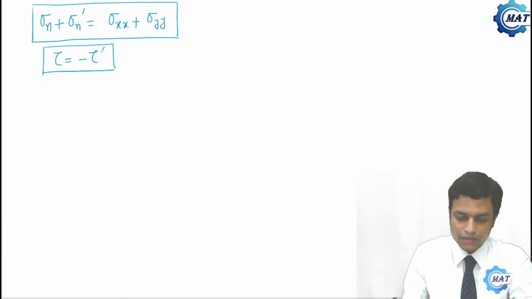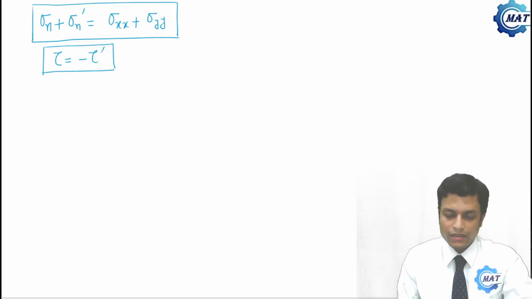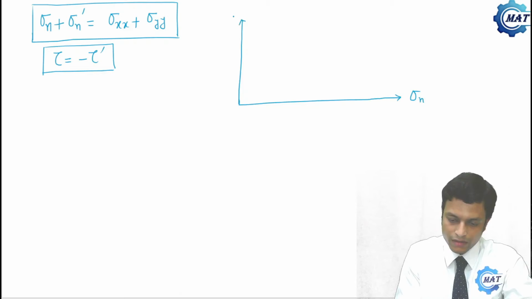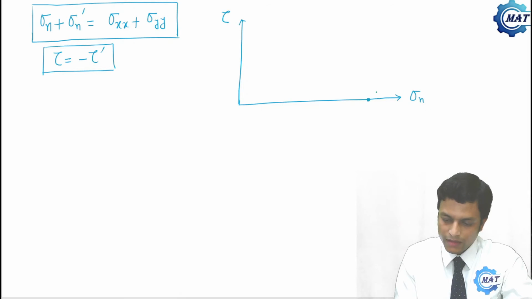Now the question is how to determine the complementary stresses from the Mohr circle. So this is tau n, this is sigma n, and this is tau. Say this is point A, sigma xx comma 0. This is point B, that is sigma yy comma 0.